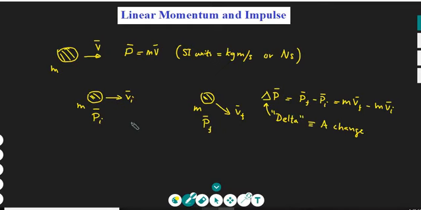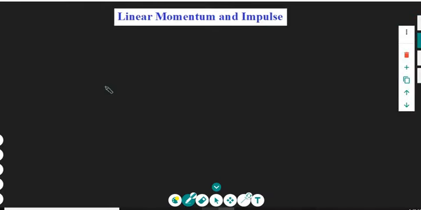Now, if we consider this situation, this is what happens initially and this is what happens at a later time. How can this change occur? That means the velocity changes. How can that happen? For example, let's look at a very common example. Let's say that you have a baseball, and it comes in with some velocity v initial, and then it impacts with a bat.